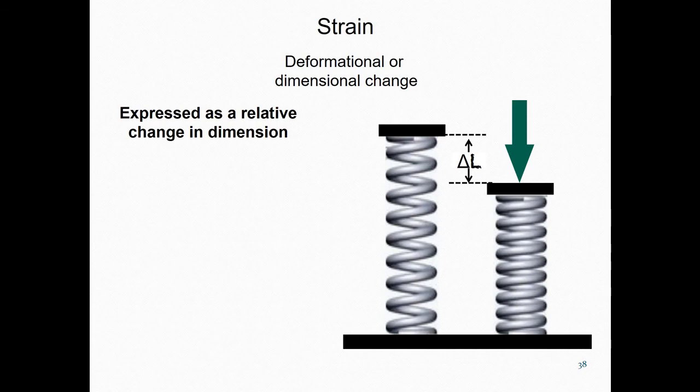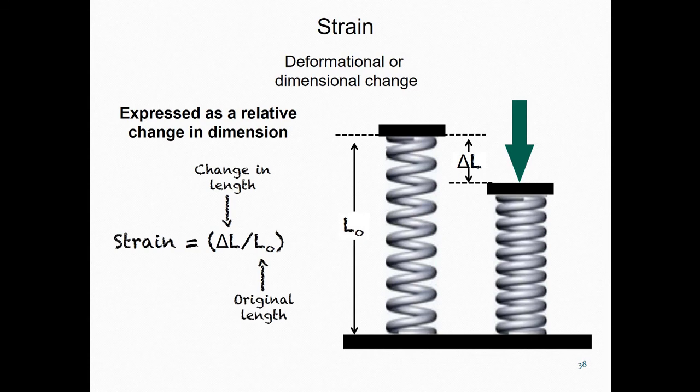Strain is expressed as a relative change in dimension. We calculate strain by measuring how much shorter the object gets under compression and dividing that by the extent of the object before the compression occurred. For our 10 centimeter long spring that was compressed to being 8 centimeters long, we calculate the strain as being 0.8, or alternatively we can say a strain of 80%.